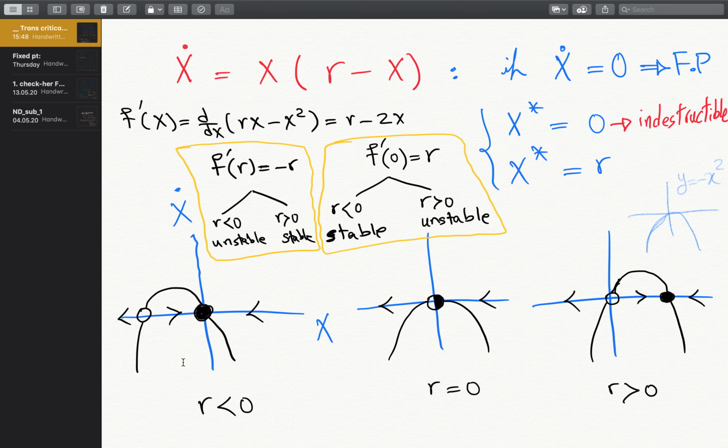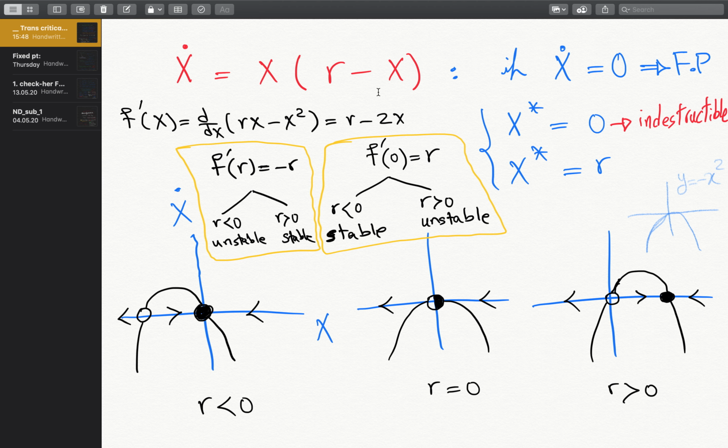Here x dot is equal to rx minus x squared. So you have an rx. If r is negative, then you have a shift to the left. If r is 0, then you don't have anything, and it's exactly like minus x squared. And if r is positive, you see that there is a shift to the right and up.